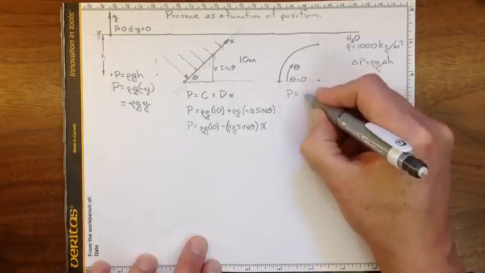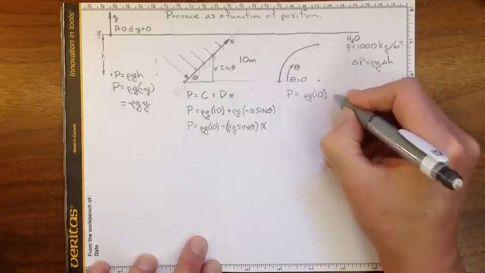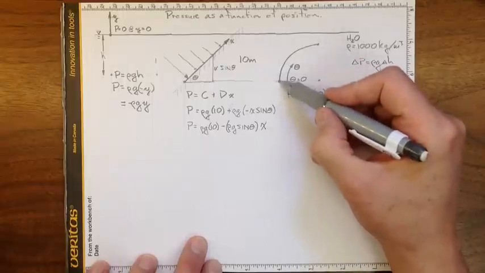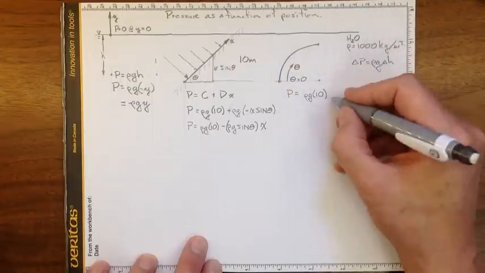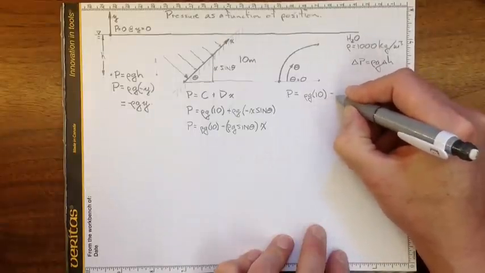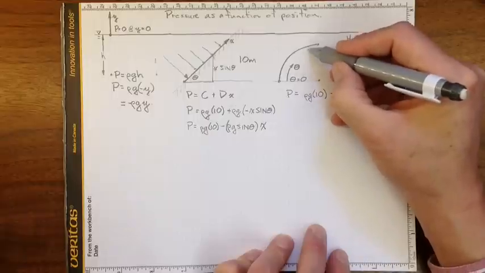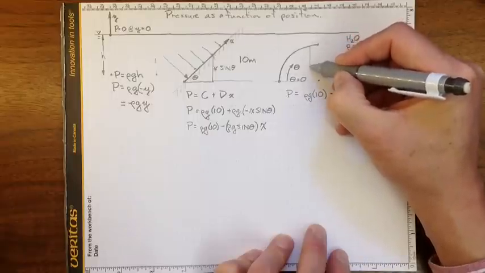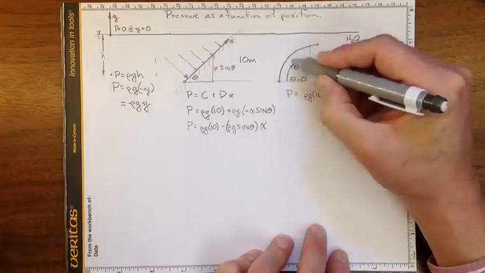I'll have rho g times 10, and the pressure is still going to decrease with increasing theta, so minus rho g times the elevation here for that angle theta that we've transferred through.